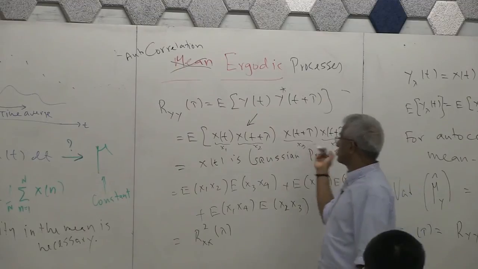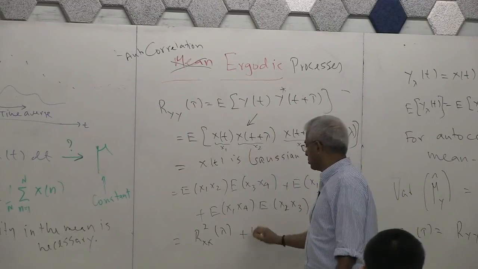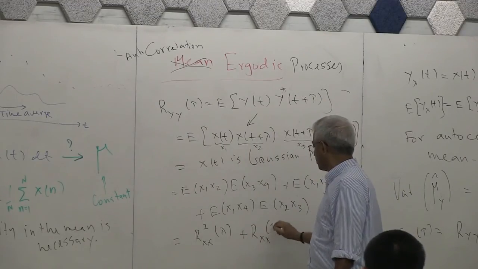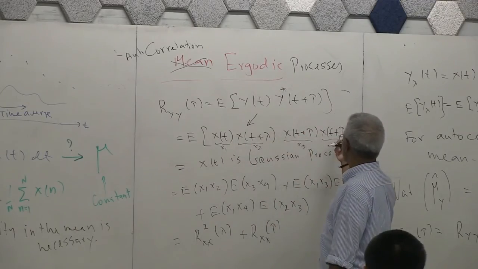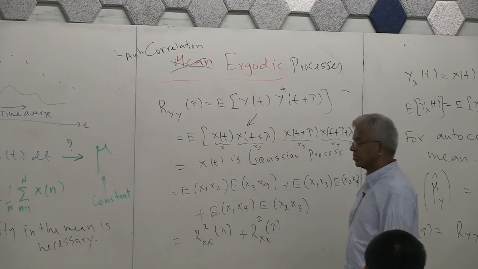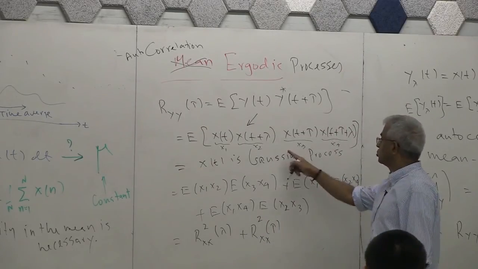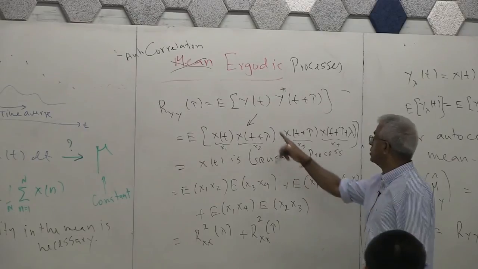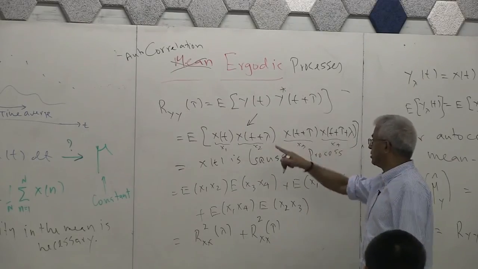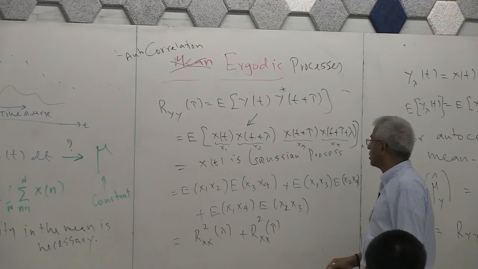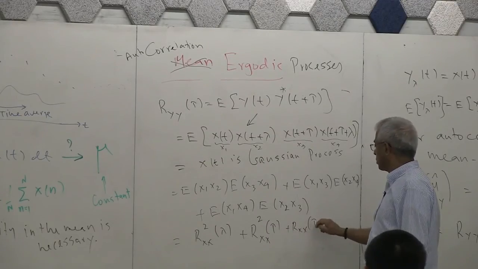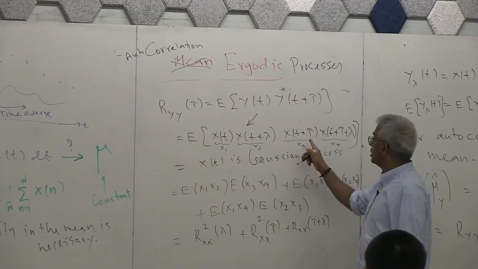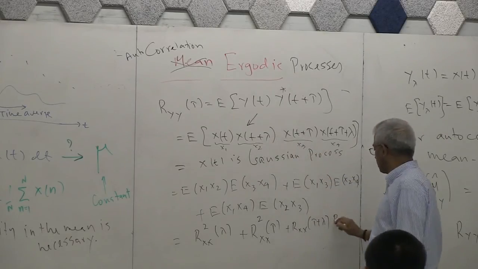Now x1, x3 gives you Rxx tau, and x2, x4 also gives you Rxx tau. x1, x4 gives Rxx tau plus lambda, and this one gives you Rxx tau minus lambda.